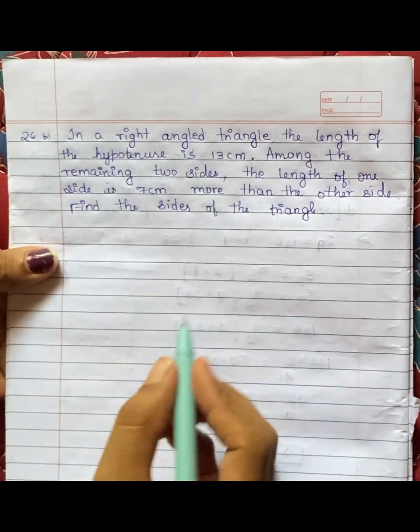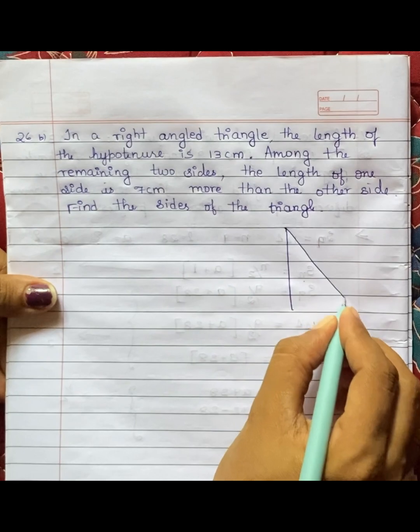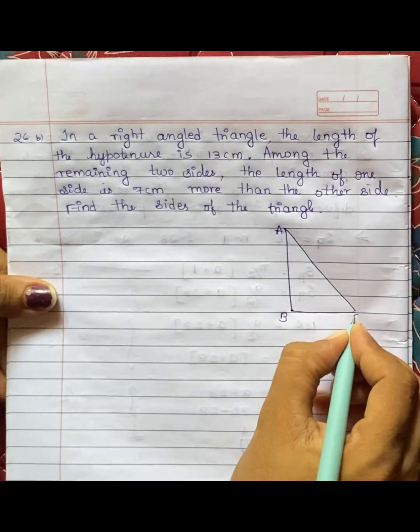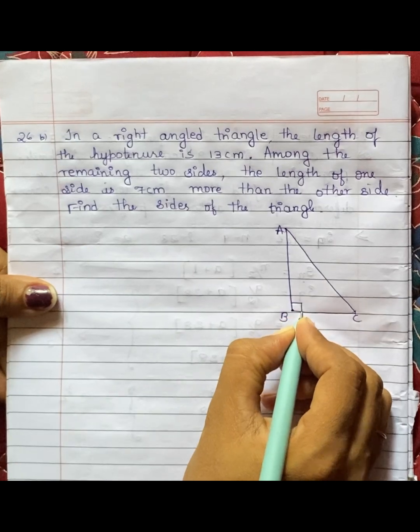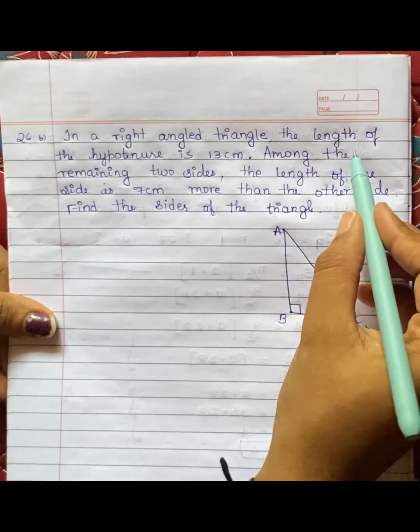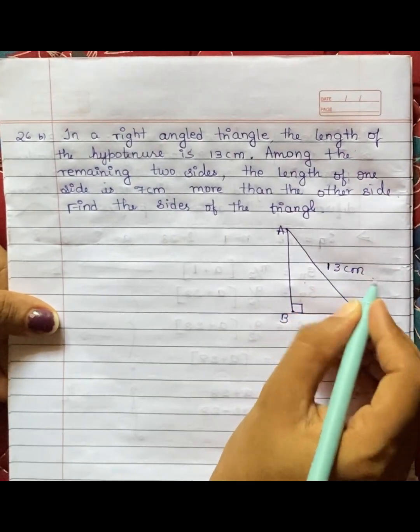They have said it is a right angle triangle. So I'll just draw the right angled triangle and I'll name it as A, B, C. This is 90 degrees, so this will become the hypotenuse AC, and they have given the length of the hypotenuse is 13 centimeter.